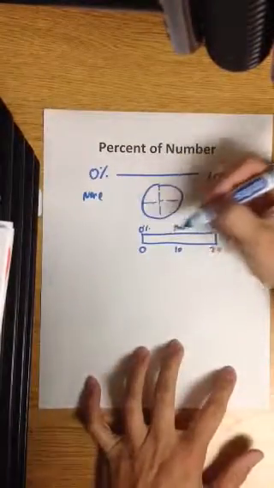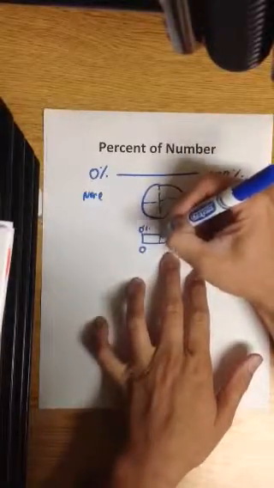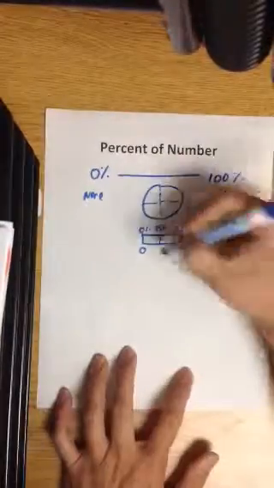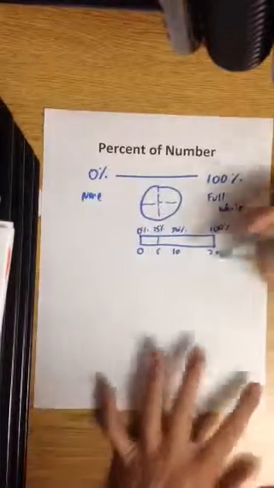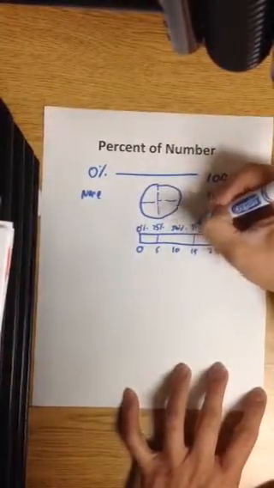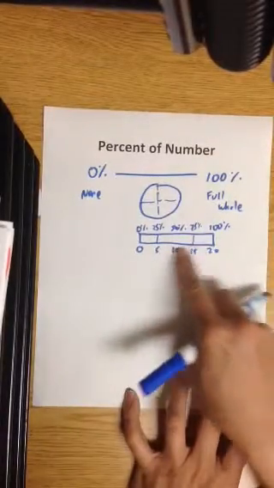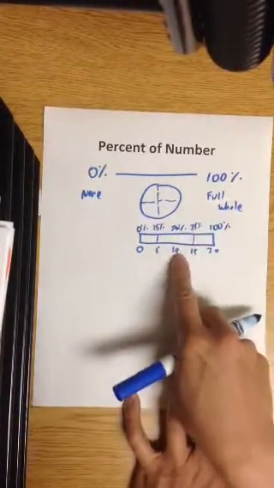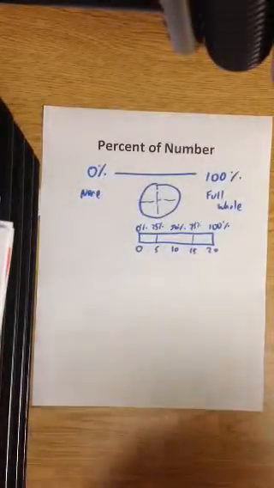If I fill in the exact middle of the first half, 25%, that would be 5. And 75%, between 50% and 100%, or between 10 and 20, is 15.